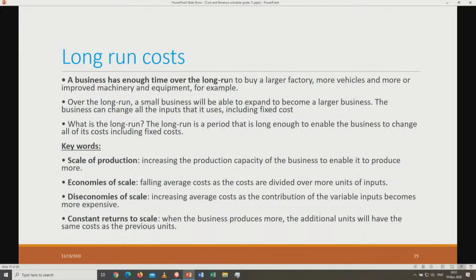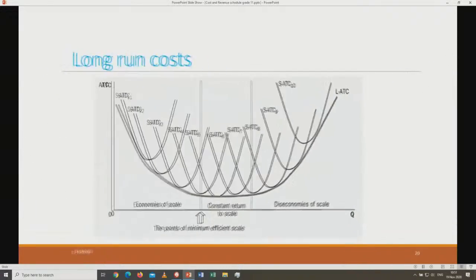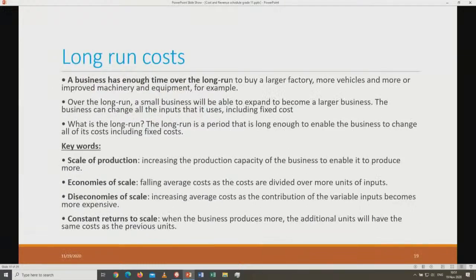Right. Now, when we talk about the long run costs, we need to consider the following important concepts. The first one, just before we go to the graph, we need to explain what is scale of production. When we talk about scale of production, what happens normally in a business?